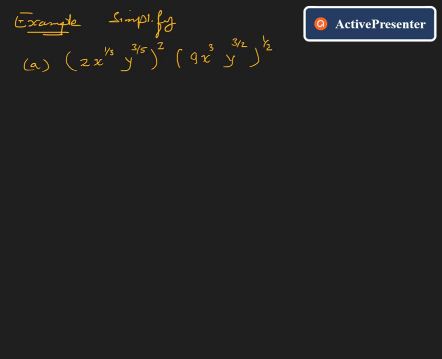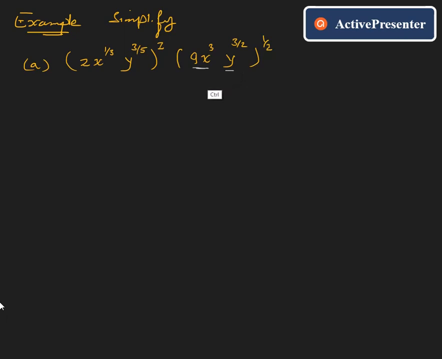If an example comes saying simplify, the first item to simplify is 2x to the power 1 over 3 multiplied in y to the power 3 over 5, all squared, multiplied in 9x cubed y to the power 3 over 2, all to the power half.